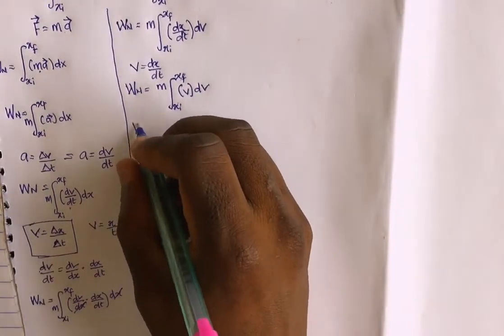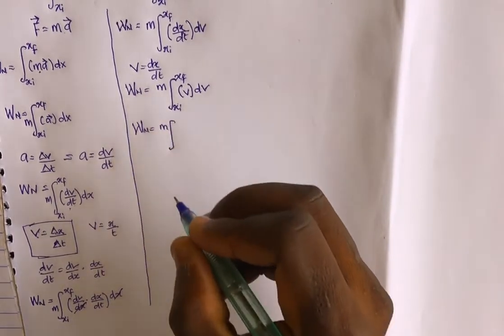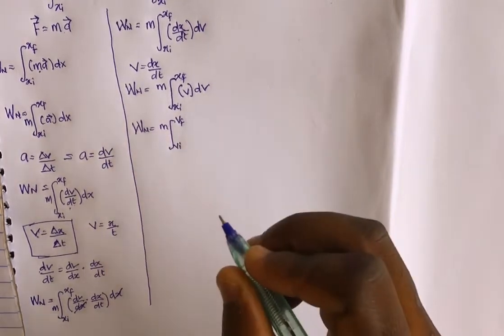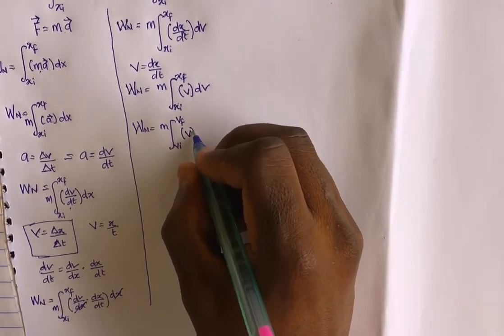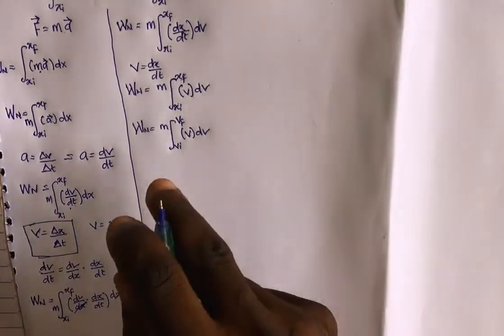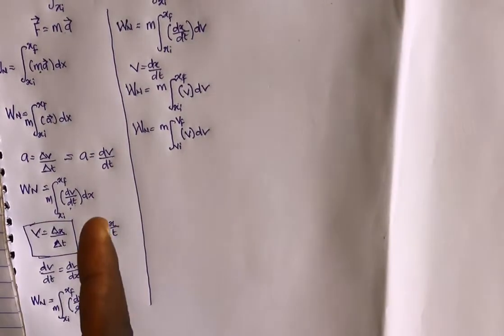So I'm having net work done equals my mass multiplied by the integral from initial velocity to final velocity of velocity with respect to dv. Then here I can integrate successfully. You already have a little knowledge about integration, so I will be integrating directly here.